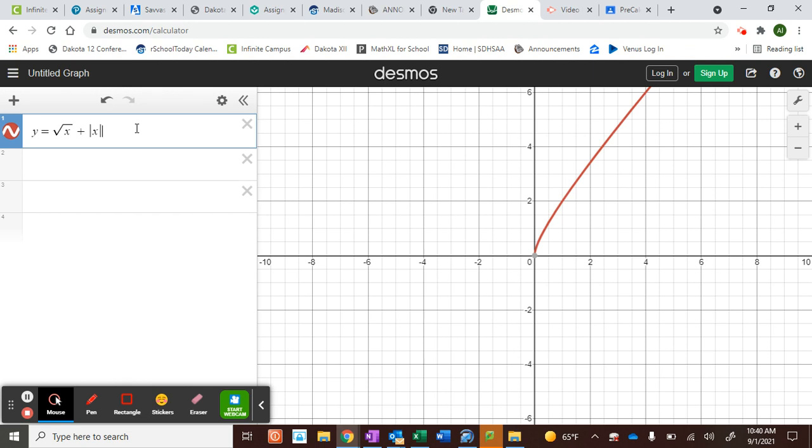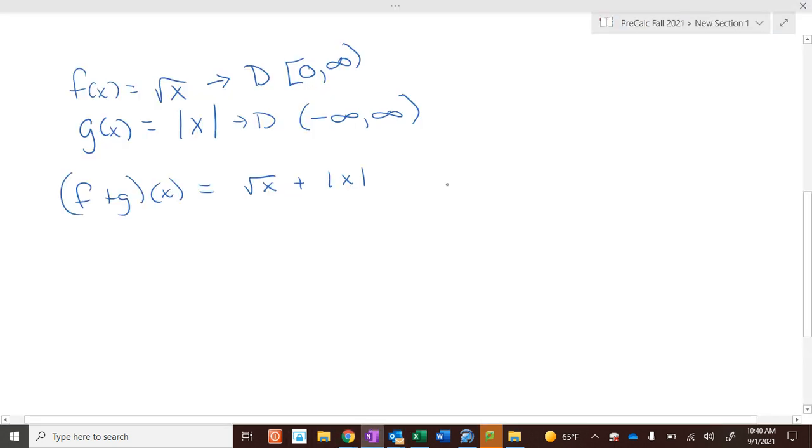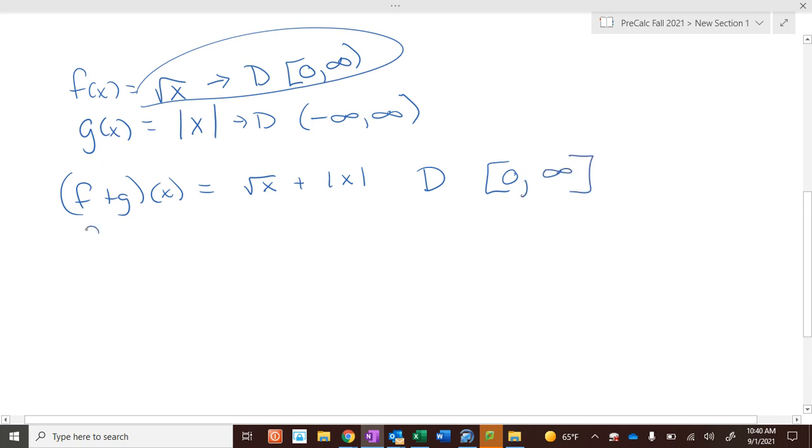Okay, what's the domain of that function? 0 to infinity. So if you need to look at it, you can look at it, but the domain is the same as this domain, 0 to infinity. F minus g of x is the square root of x minus the absolute value of x.